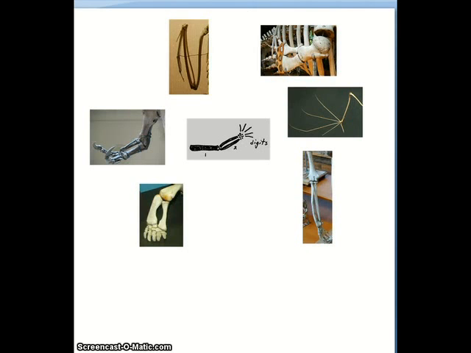So it should be noted that in Darwin's time there was an alternate explanation for this theme that we see in these limbs. And that explanation had to do with God having a sort of blueprint in mind as God created these different species.